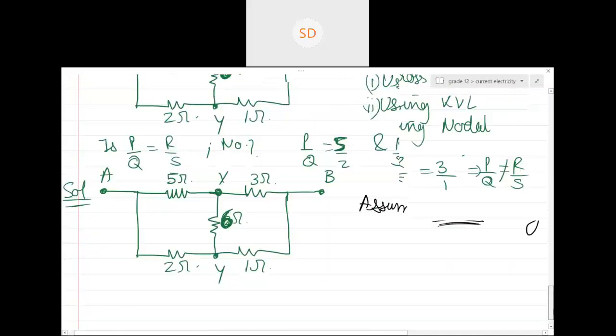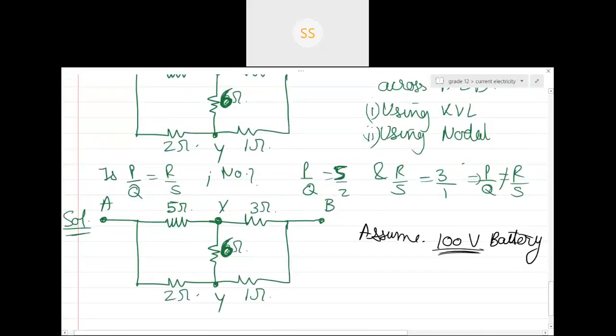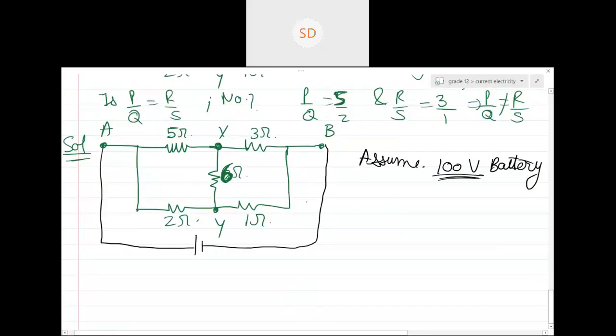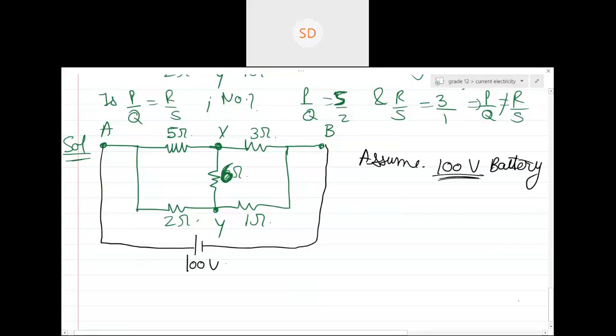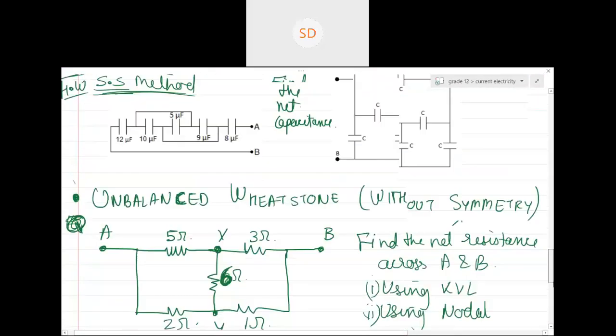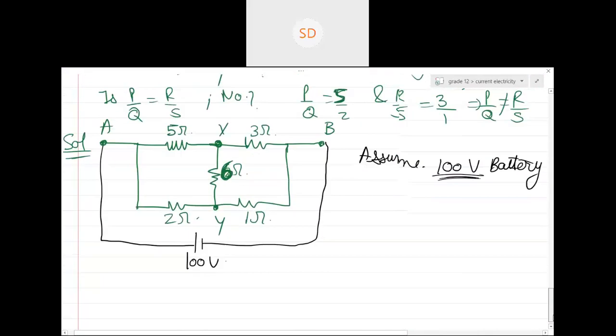Okay. So let's assume you have connected a 100-volt battery across points A and B. You connected a 100-volt battery like this. Yes or no? This is the first thing you will do. Why the first thing? So that a current can flow through the circuit. What do you need to do? You need to find the net resistance across AB.